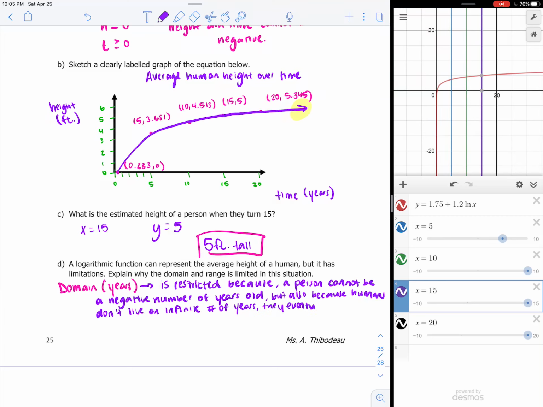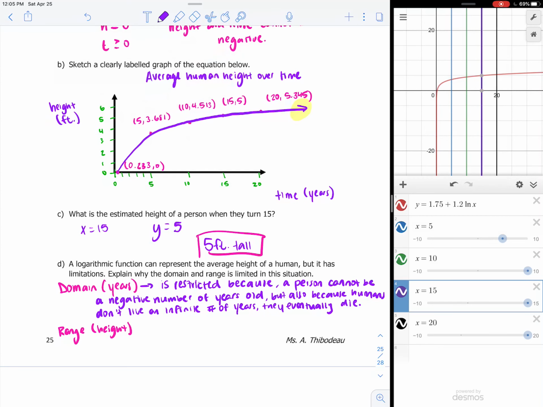They eventually die. All right, so that is why our domain is restricted, because our domain was talking about the number of years of a person. But our range is also restricted, right? So our range is talking about our height.